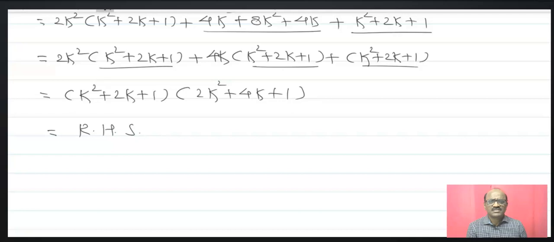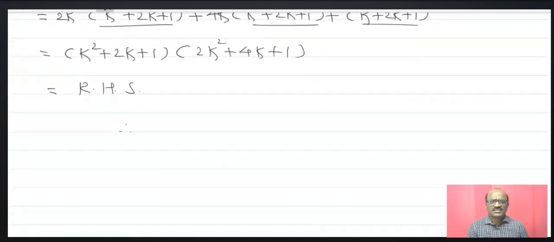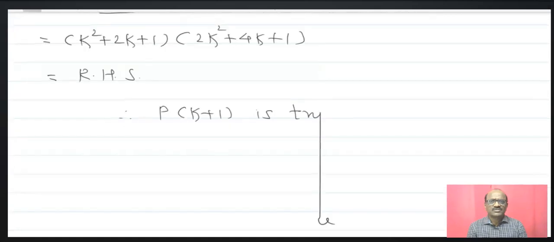Therefore this is the RHS, and hence LHS is equal to RHS. Therefore P of k plus 1 is true. P of k plus 1 is true here.